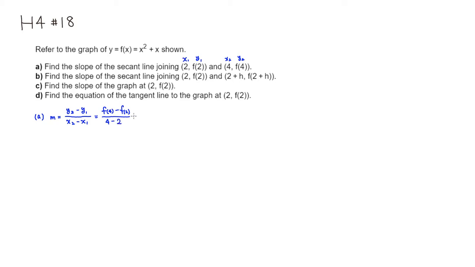Then we just have to plug in. 4 squared is 16 plus 4, so it's 20, minus f of 2, which is 2 squared is 4 plus 2, so that's 6. Then 4 minus 2 is 2, so this is 14 over 2, so it's 7. So the slope is 7.